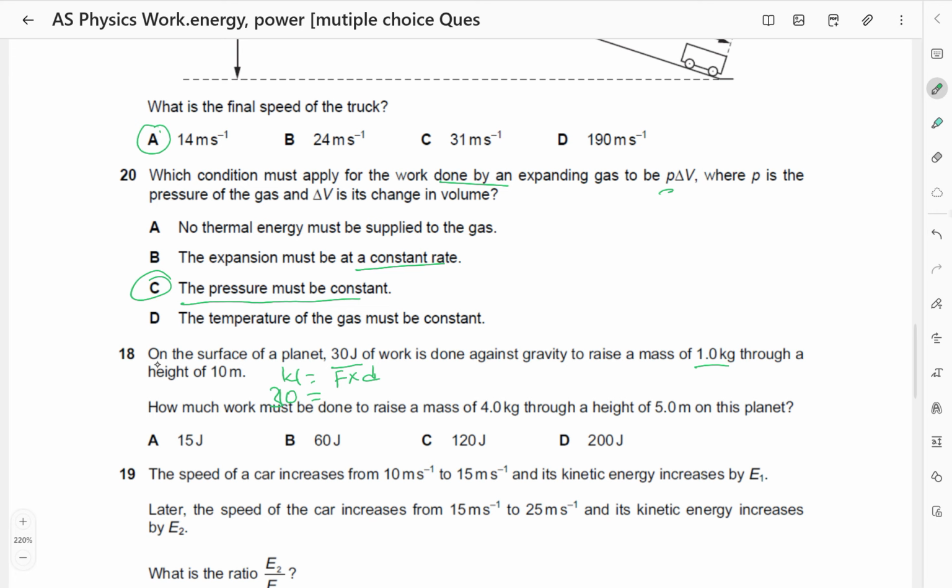So 30 joules will be equal to, the force will be mg, then times the distance, or times the height, mgh. So we have that 30 is equal to the mass, which is 1, times g, which is not known, times h, which is 10.